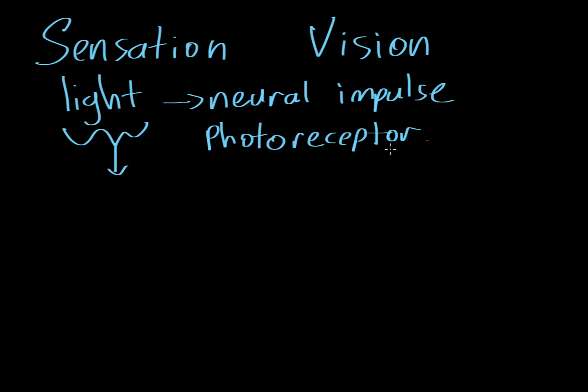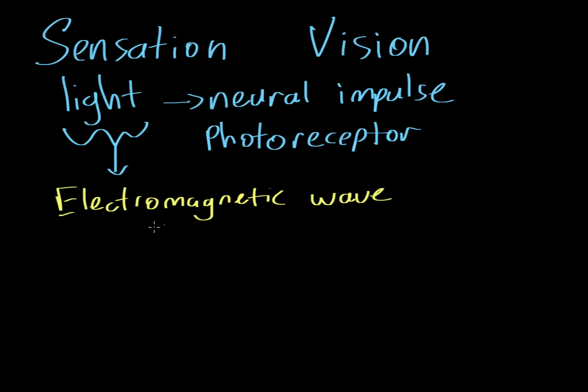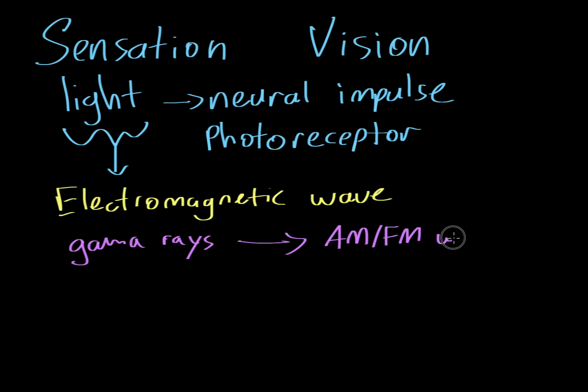Light is an electromagnetic wave that is part of a large spectrum. There's something called the electromagnetic spectrum, and it contains everything from gamma rays and X-rays all the way to AM and FM radio waves.